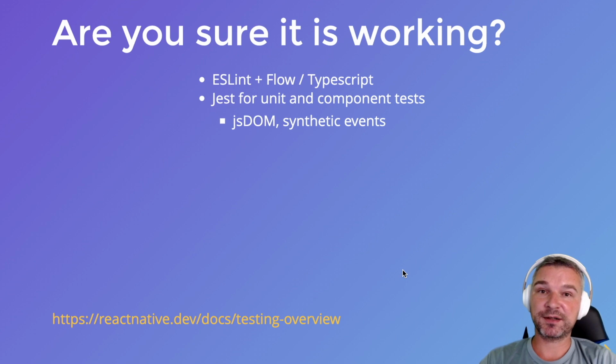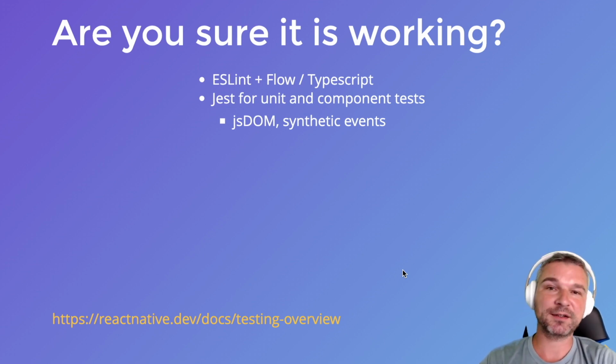The big question here is, are you sure your application is working? If you go to the React Native documentation, under the testing page, the first line of defense to answer this question will be to use ESLint and static checks using Flow or TypeScript. Makes sense. For unit tests, they suggest using Jest with Jest DOM and a special React Native renderer. Okay, you can write some component tests to make sure, yeah, the header is there.